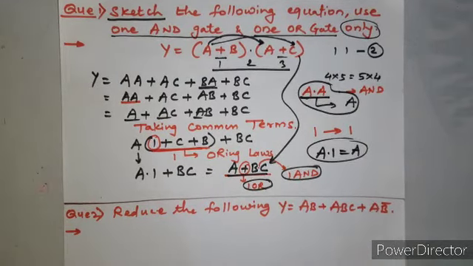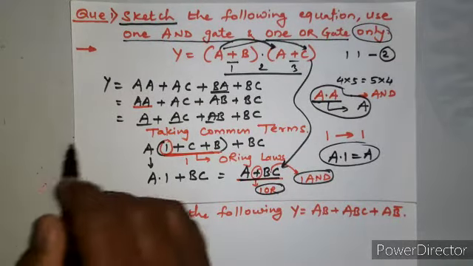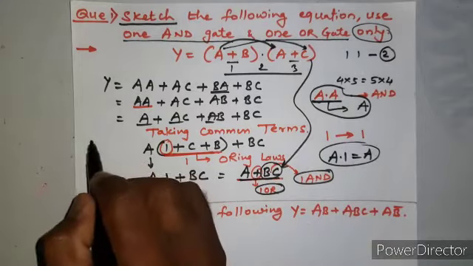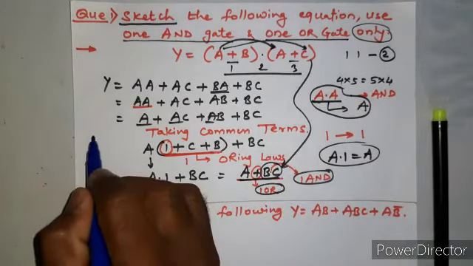Now since it is asked to sketch, we can simply sketch this. This B and C are ANDed, so I can draw this here.